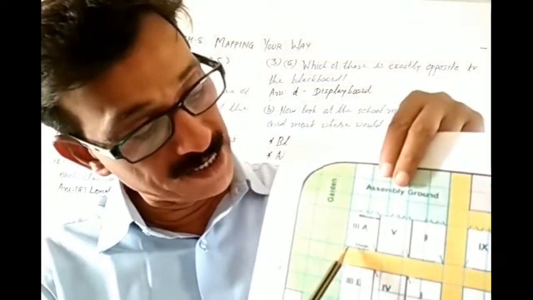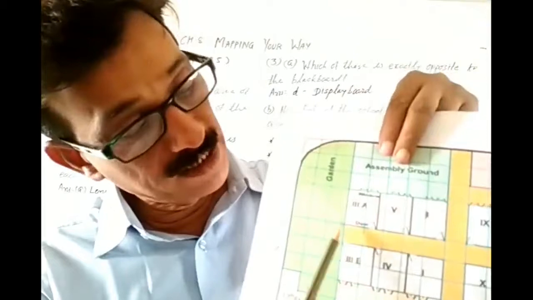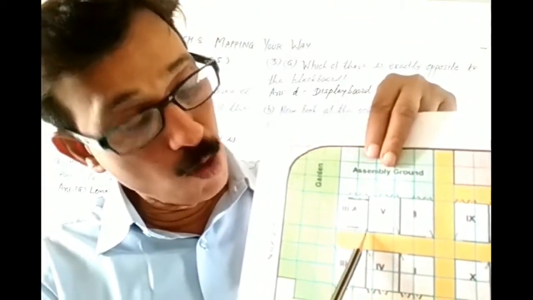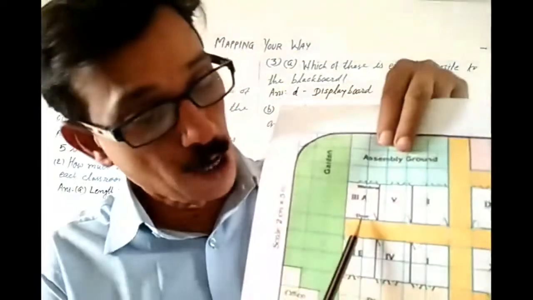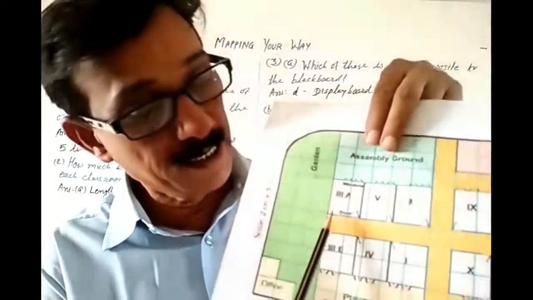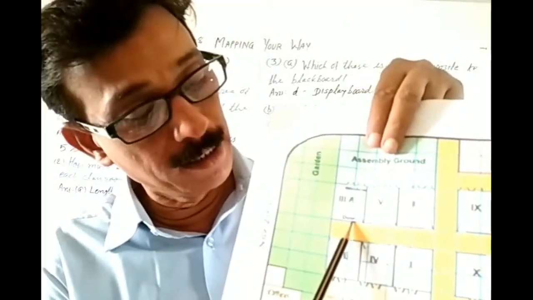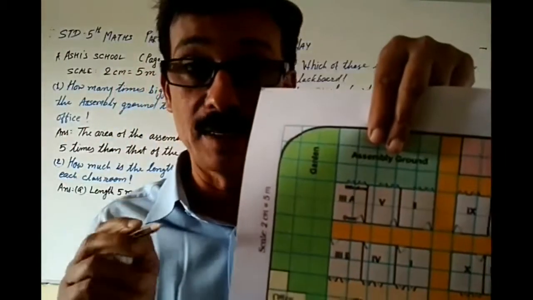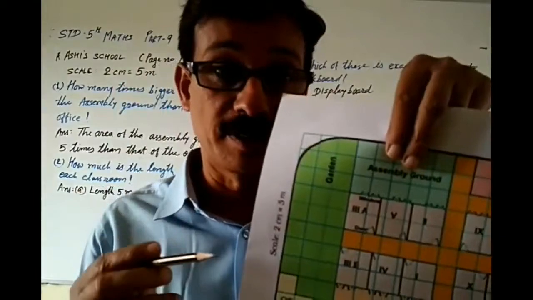But here you can see the width. See, the width is 1 square, and then after that, more than half a square. You can see more than 1 centimeter here. So the width is 1 and more than 1/2 square.